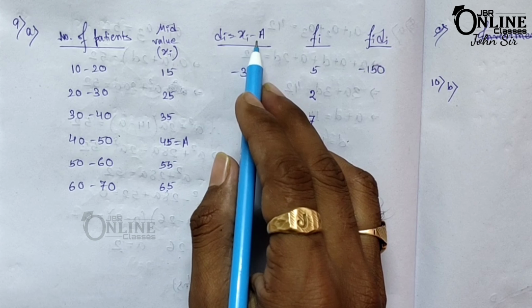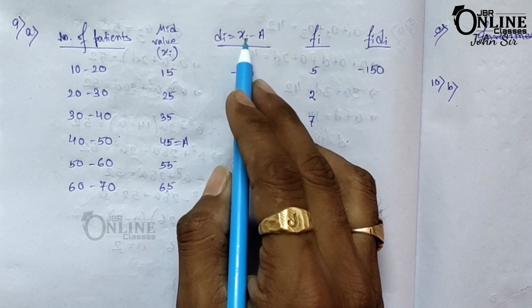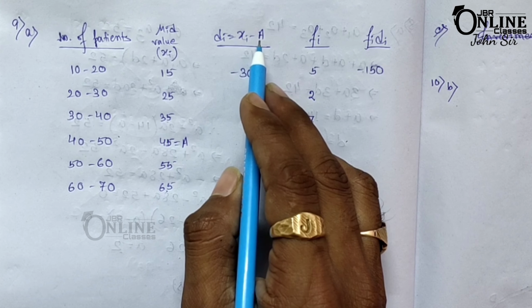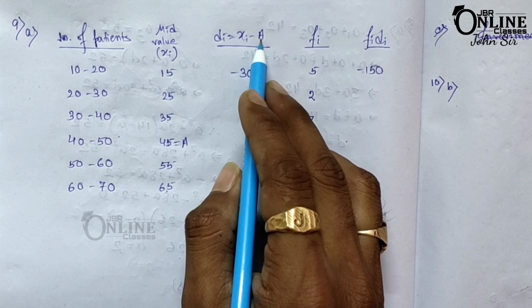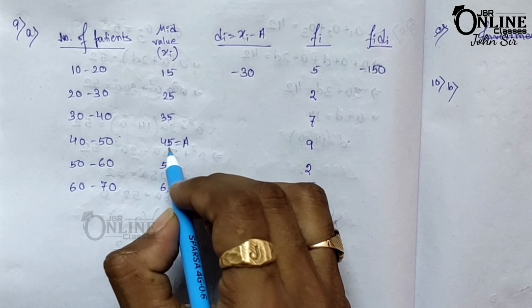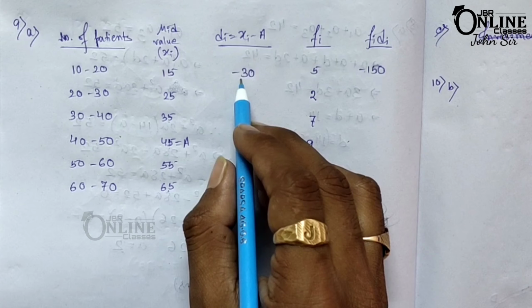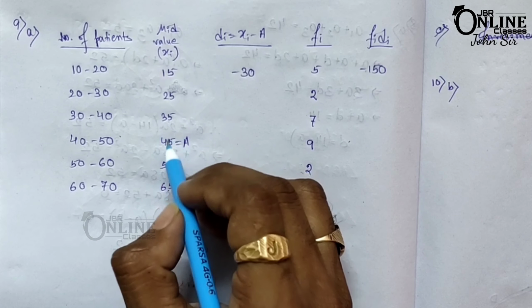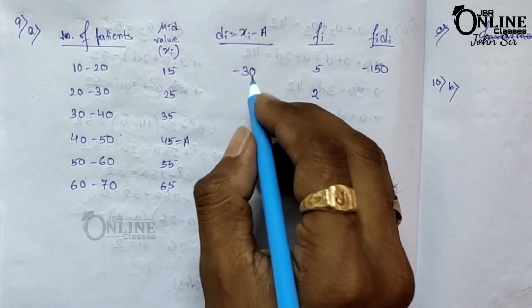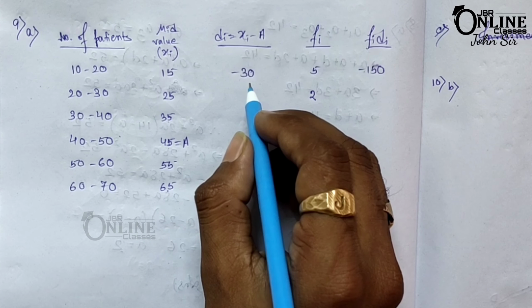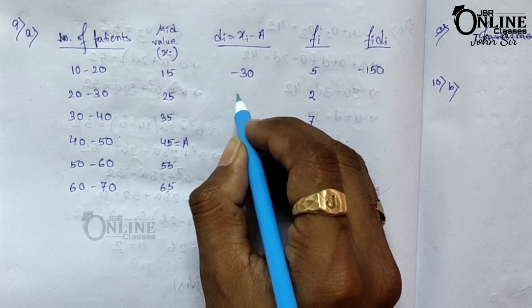Okay, so here the formula is xi minus a. That means 15 minus 45 equals minus 30. Next 25 minus 45 equals minus 20.